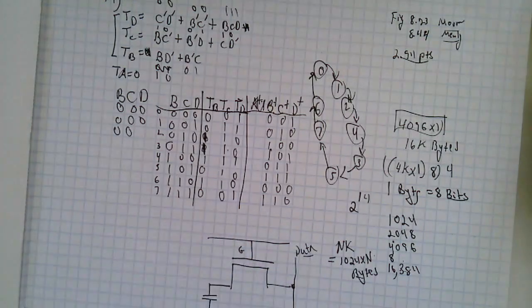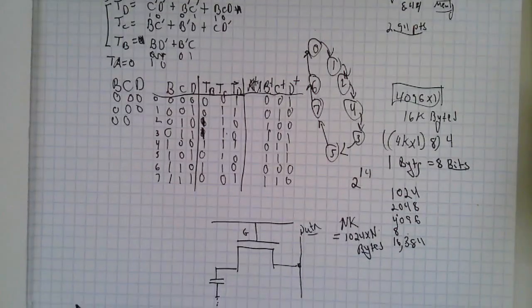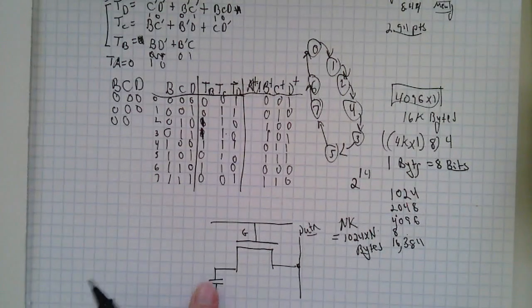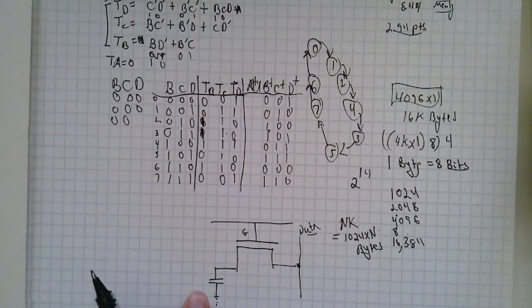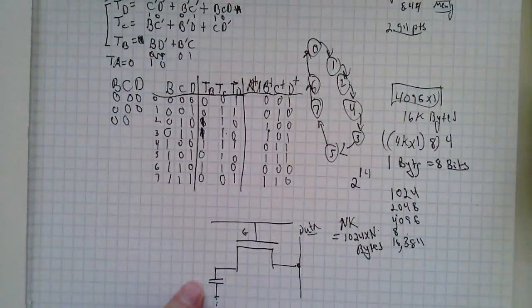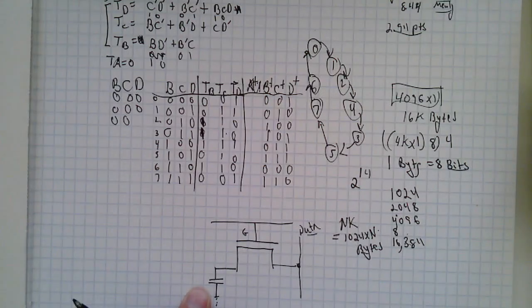When the gate's active, the data can write to the capacitor, and then the capacitor charges. But as you all know, capacitors leak. And so this dynamic RAM is dynamic because the capacitors are all leaking. It's very cheap to fabricate, very dense from a semiconductor fabrication point of view. But unfortunately, it requires that you refresh periodically, or else you're going to lose the data that's been stored in the capacitor.